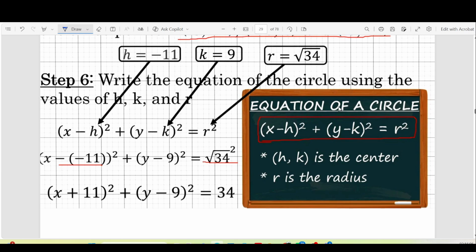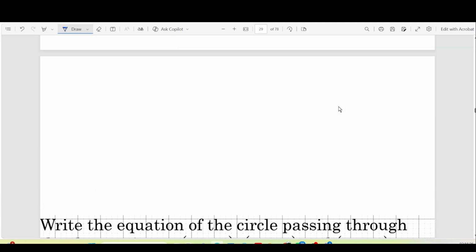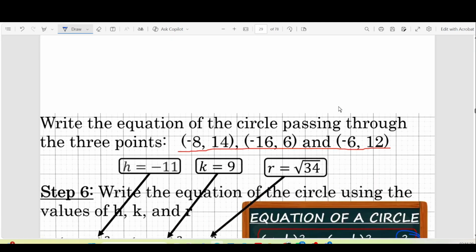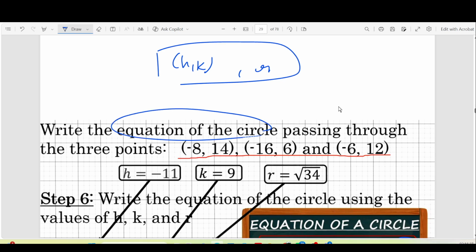Now if you equate it, this is the equation of the circle, right? x minus h square, here we have y minus k square, here we have r square is 34. So this is now in standard form, right? From here we can see that even if we don't have the center coordinates or radius, we can still write the equation of the circle if we have just 3 points which are passing through the circle.